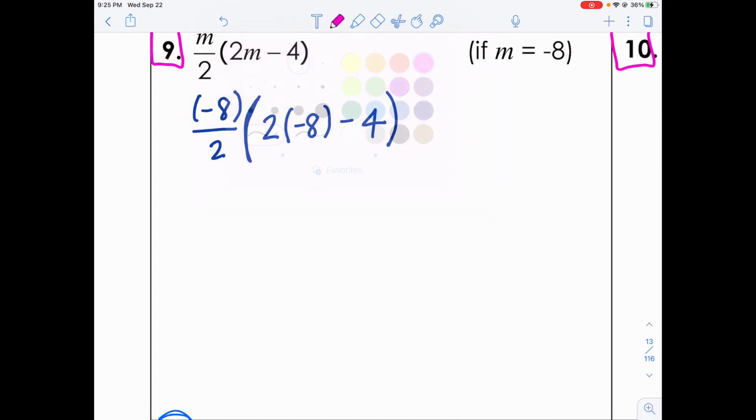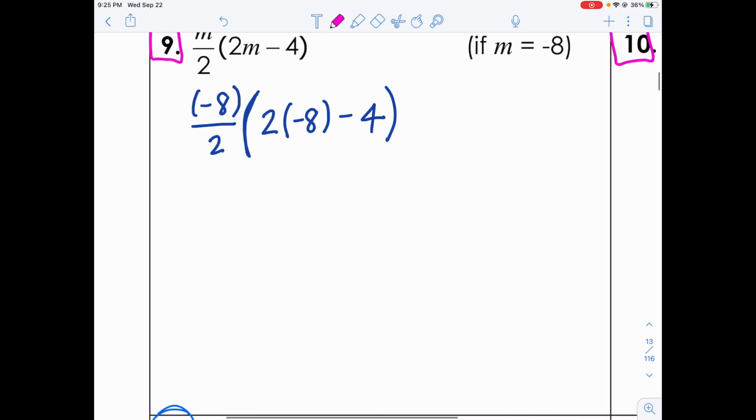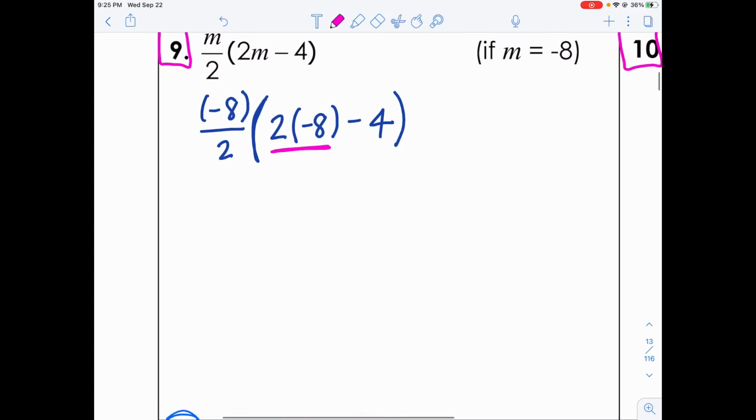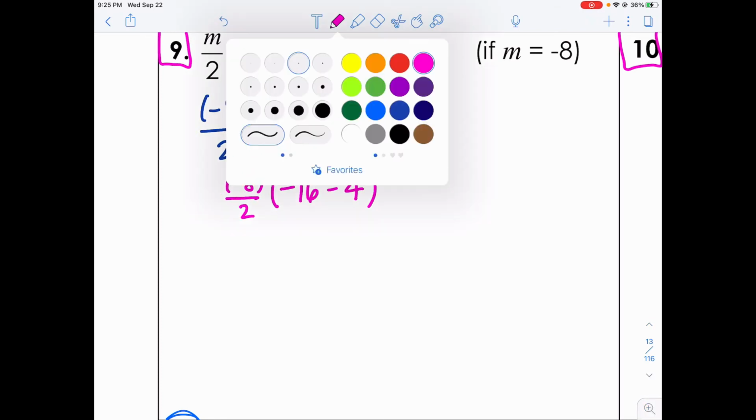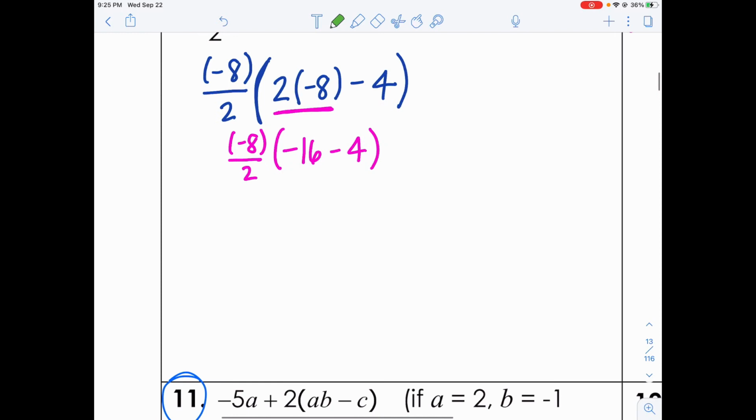Order of operations tells me that I need to do what's inside of my parentheses first, and specifically inside of the parentheses, I need to do 2 times the negative 8 first. 2 times the negative 8 is a negative 16, bringing down everything that I have not used exactly as it was. Continuing to simplify inside of the parentheses, I need to do this, negative 16 minus 4.